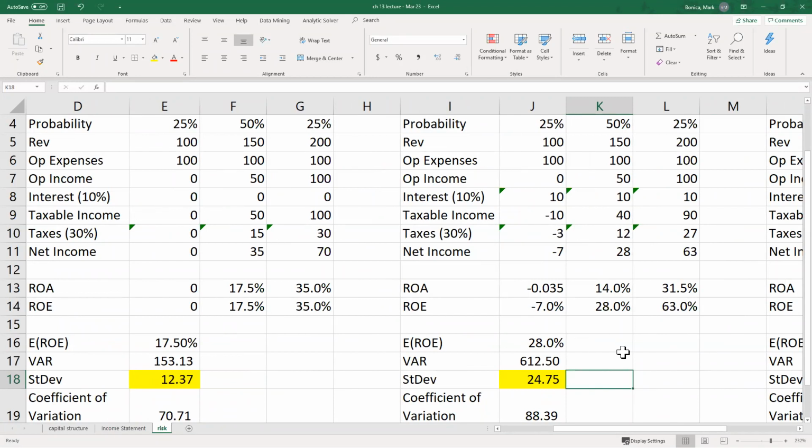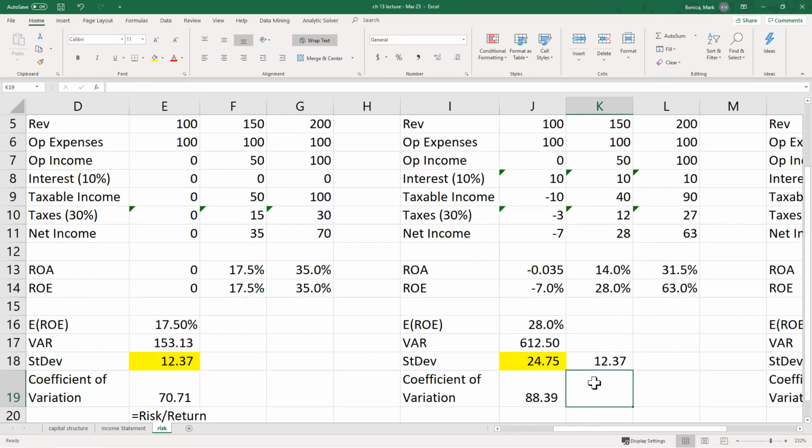Here, the total risk is equal to the sum of the operational risk and the financial risk. Well, the operational risk for this firm is 12.37. So the financial risk is equal to the total risk minus the operational risk, or also 12.37. It just happens to work out that way because of the numbers that we're working with.